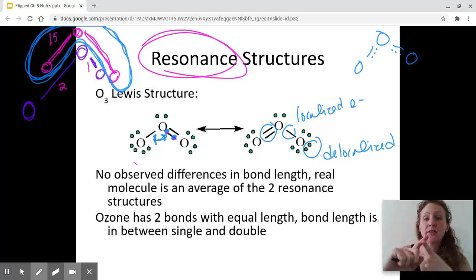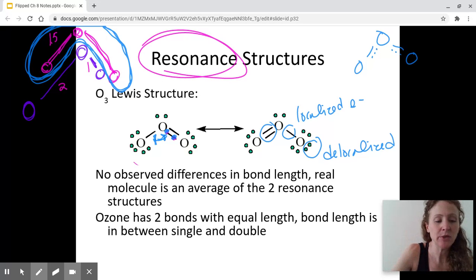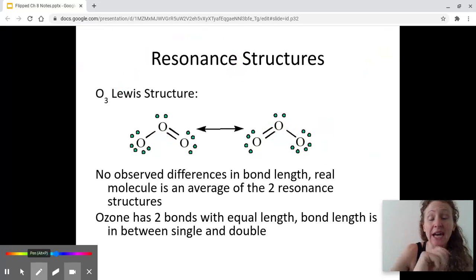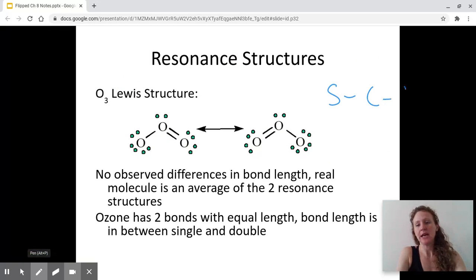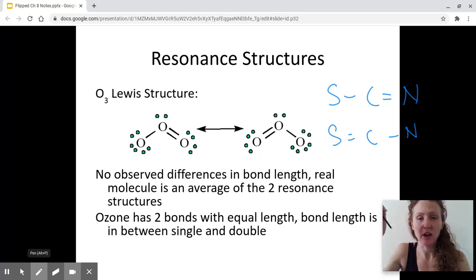It occurs whenever you can draw a single or double bond in two different places, but it's still between the same atoms. Let me show you an example of something that would not have resonance. If you had S, C, N, and you were trying to decide, do I put the double bond between the carbon and the nitrogen, or between the sulfur and the carbon?